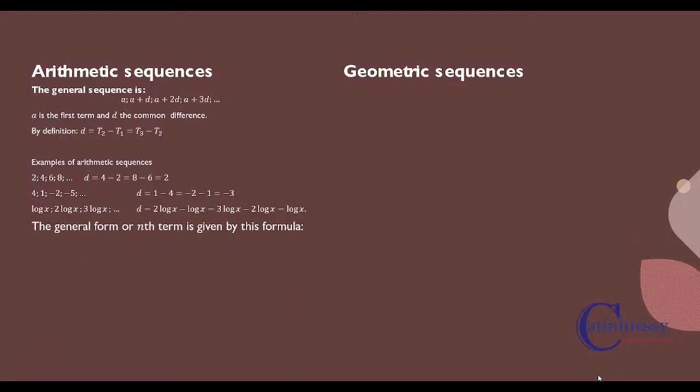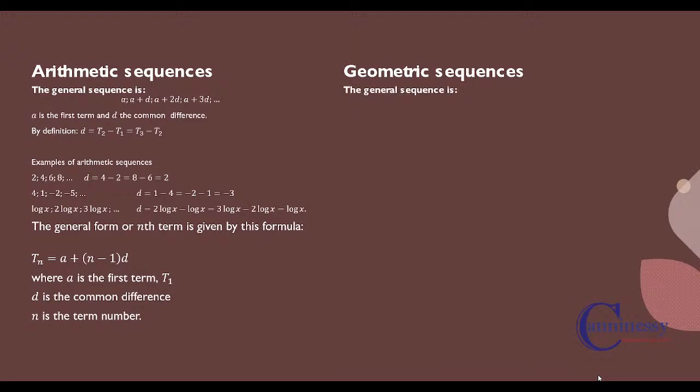The general form or nth term is given by this formula: Tn is equal to a plus open brackets n minus 1 into d. a is the first term, or we call it T1. d is the common difference. n stands for the term number.